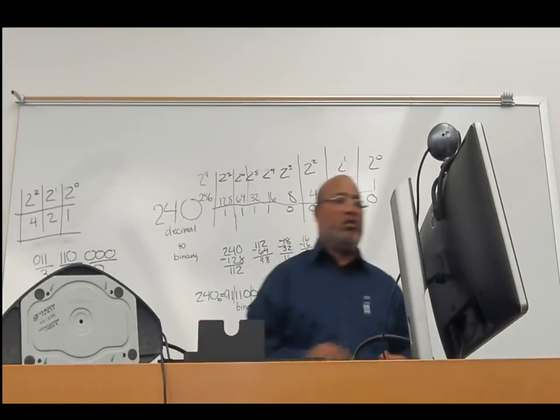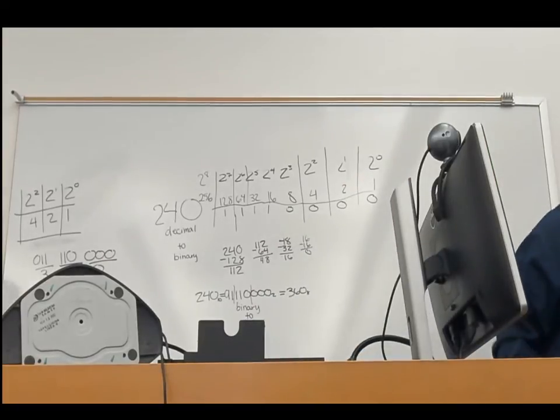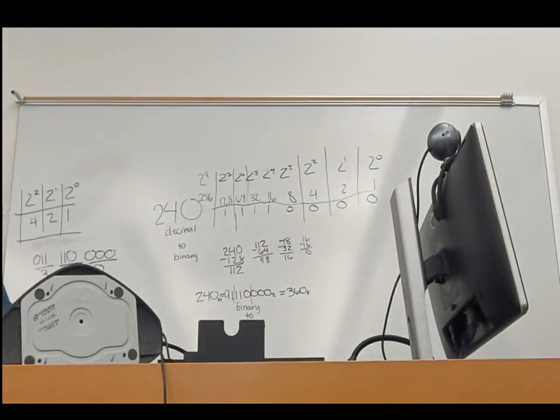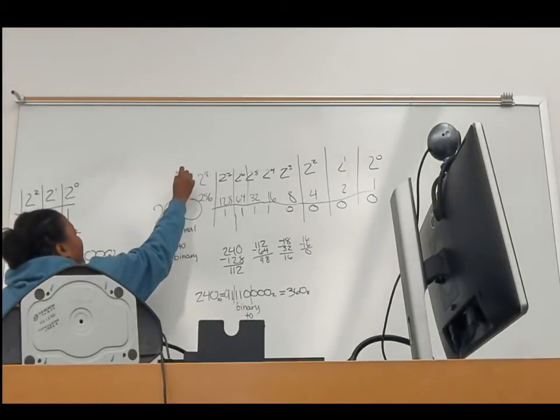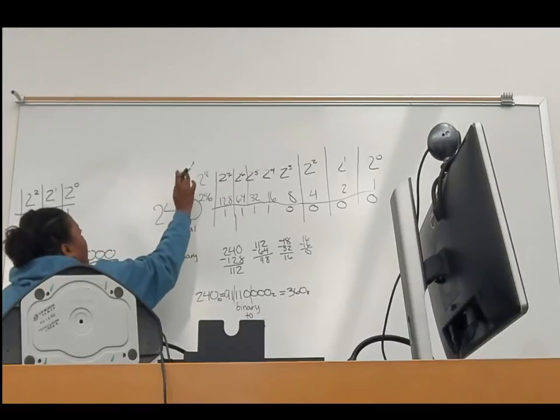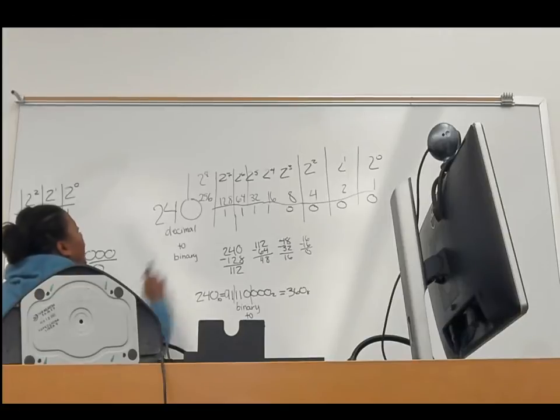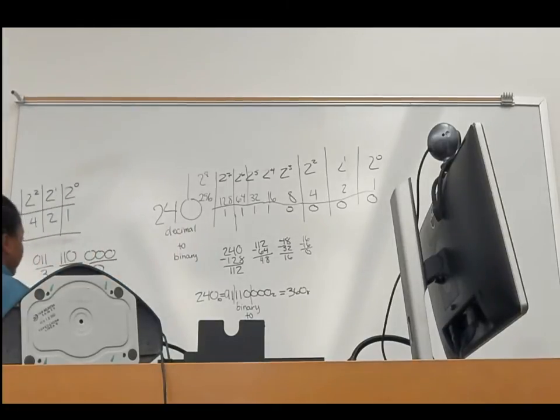Now, this is what I want Miss James to do. Take 360 in base 8 and convert it to decimal. Right. Not that. We're dealing in base 8. We're taking an octal number and want to convert it to decimal.